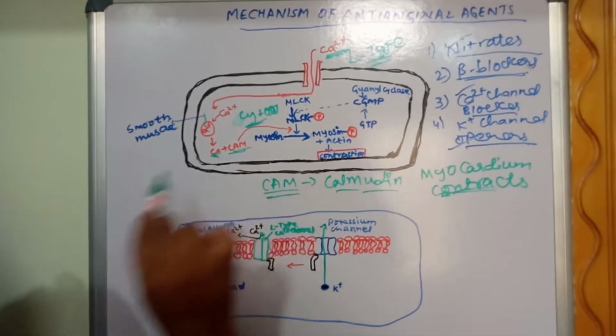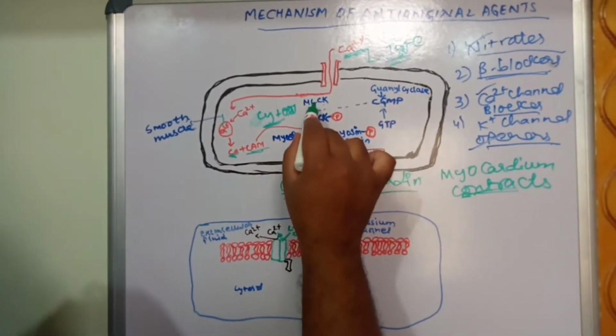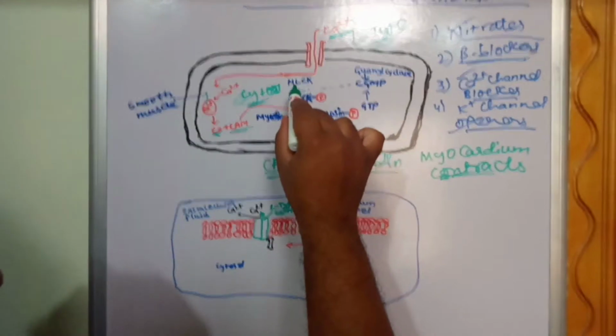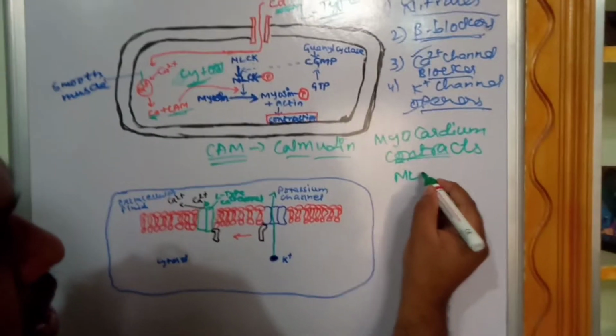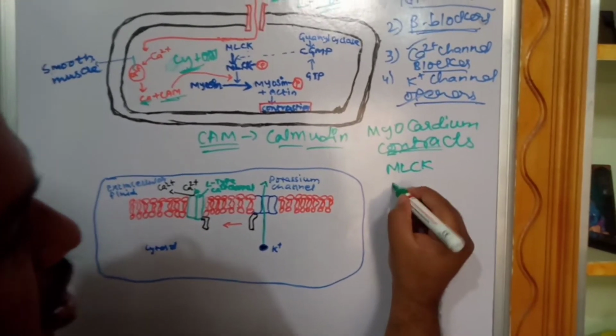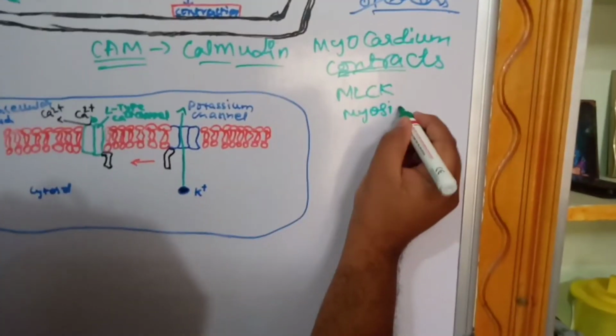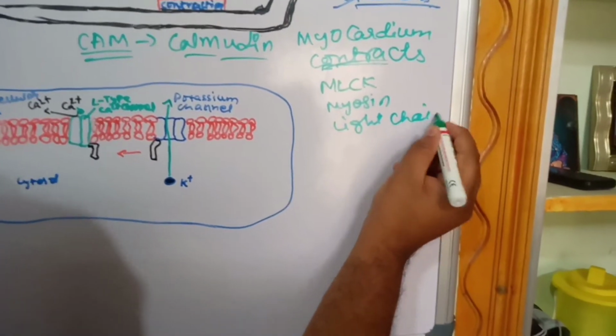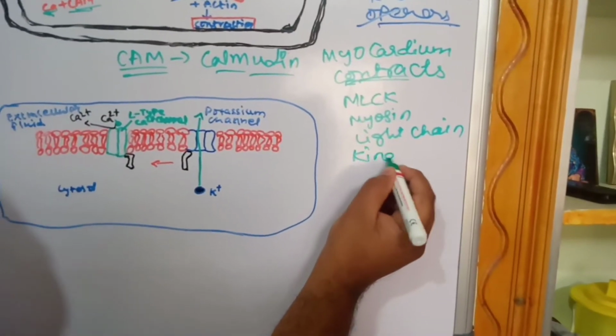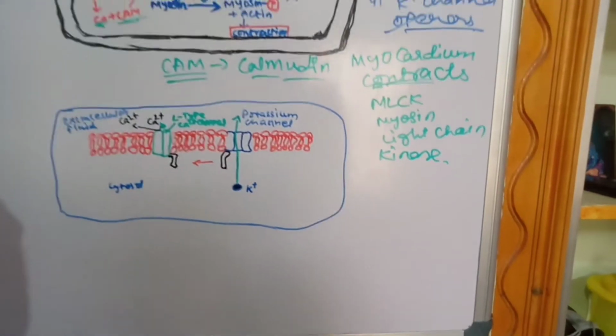Inside the cell, in the cytosol of the smooth muscle, calcium combined with calmodulin will phosphorylate myosin light chain kinase, MLCK.